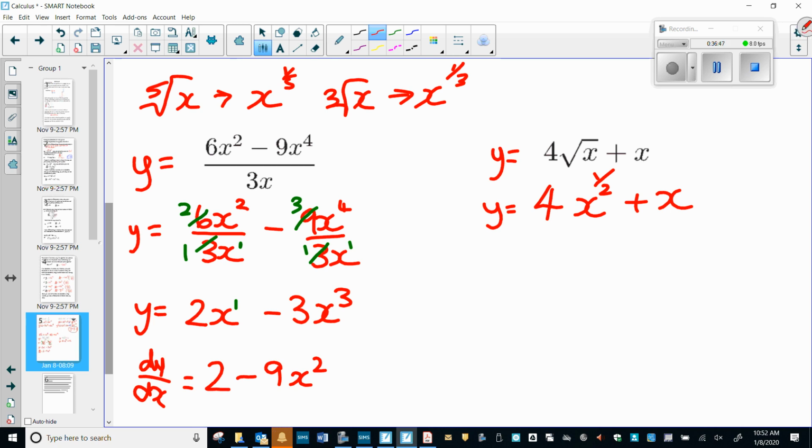So dy dx. Oh, here we go. What's 1/2 multiplied by 4? Oh, nice. Now, here we go. We've got 1/2. What do we have to do to our power? We subtract 1. Okay? We're not subtracting 1/2, we're subtracting 1 whole 1.